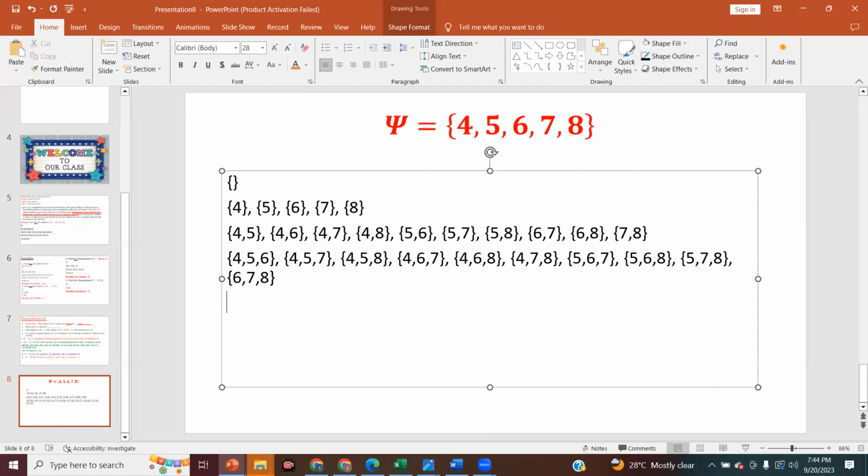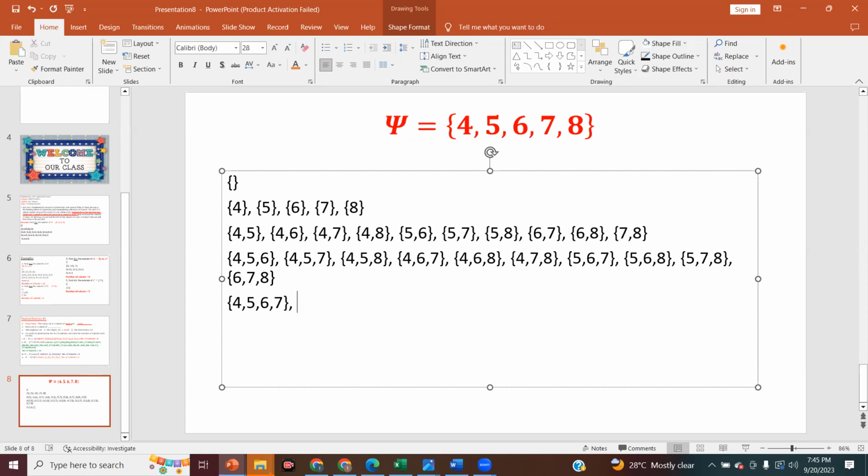All right, now it's time for the groups of 4s, right? So it's gonna be 4, 5, 6, 7. No, groups of 4s.